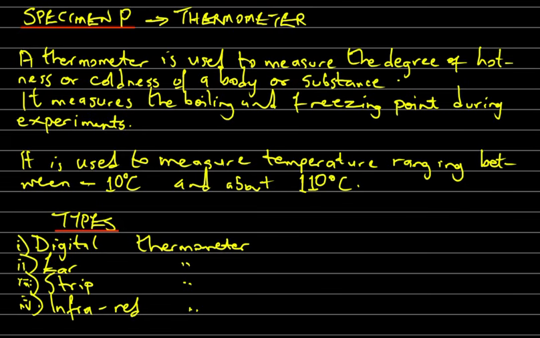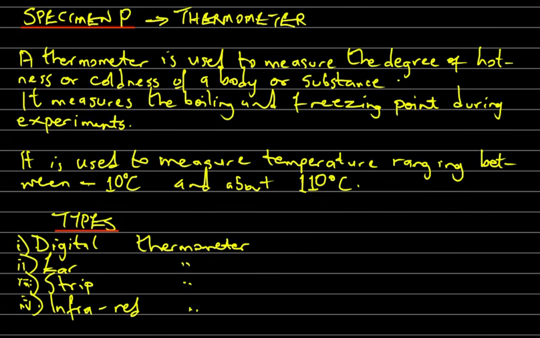We use it to measure temperatures ranging between -10 degrees Celsius and as high as 110 degrees Celsius, so that way we can get 0 to 100 degrees Celsius without any hitch. We have different types of thermometers.